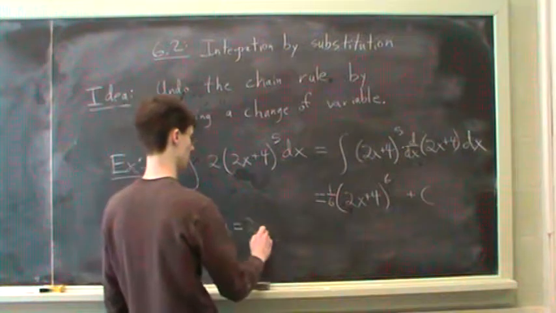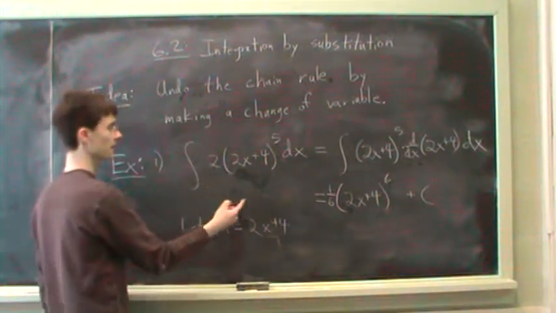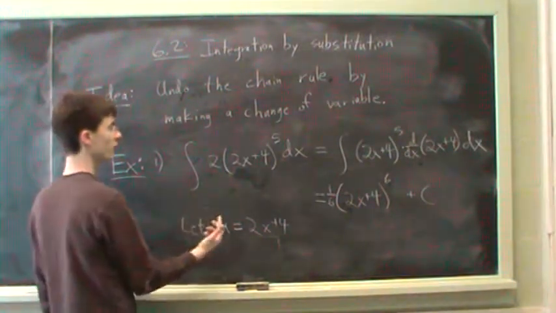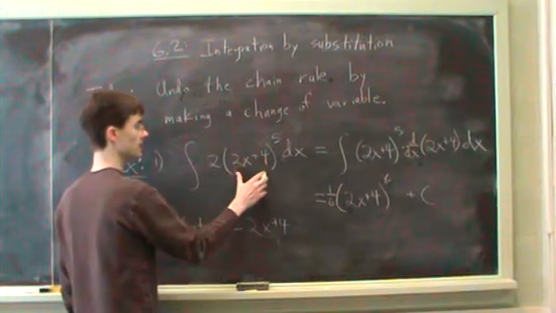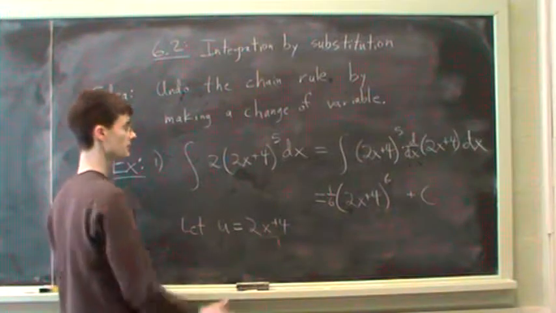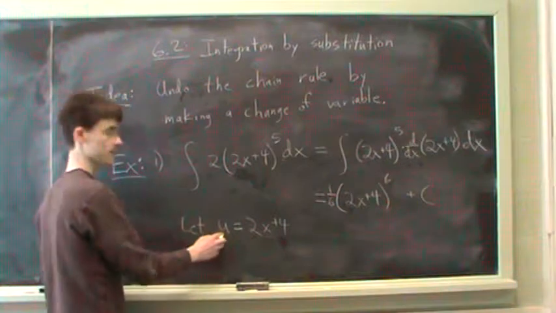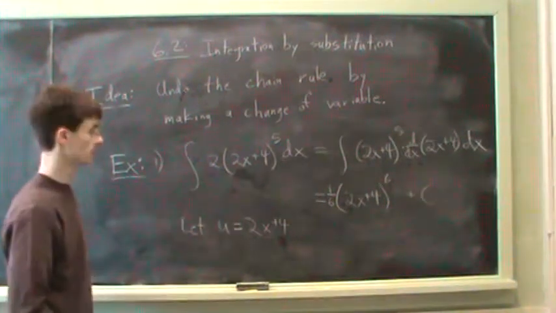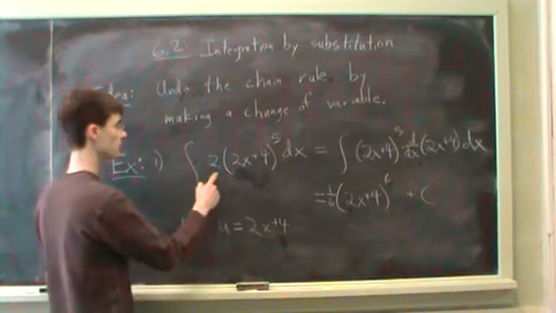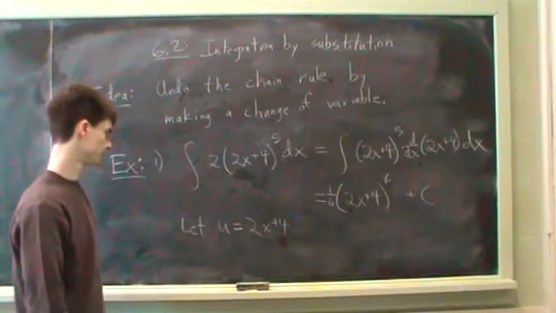So in this case, the problem looks like basically 2x plus 4 raised to some power. And I would really prefer to do the integral of a variable raised to an exponent. So I'm going to literally just replace this base with a different variable, u, and then I will change this integral to an integral in terms of u.